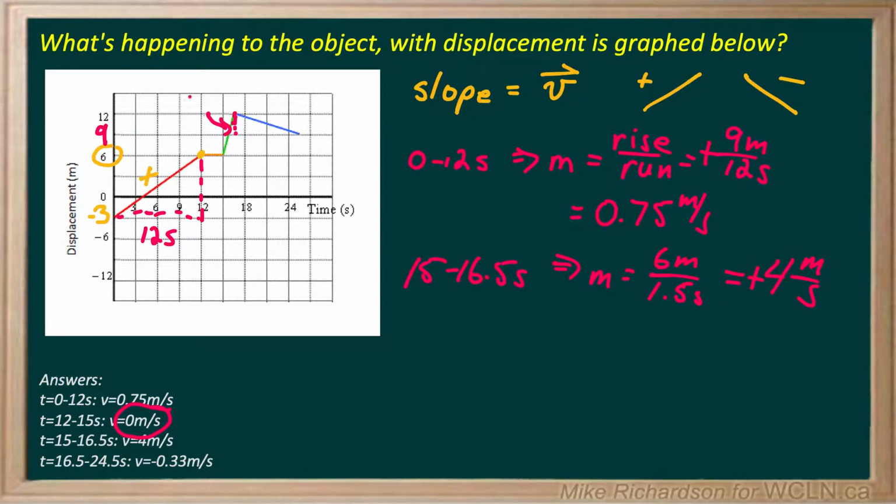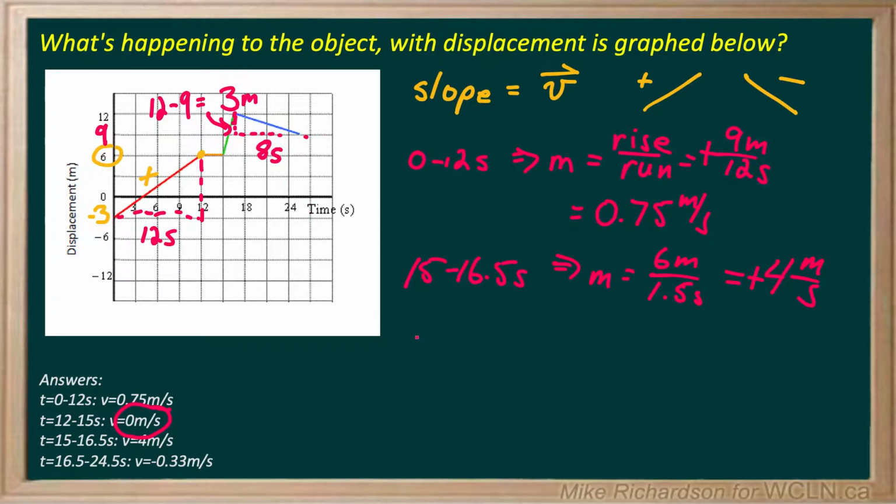Sorry, my rise is 12 minus 9, which is 3. And my run goes from 16.5 all the way up to 24.5, which is 8. And that would be seconds.